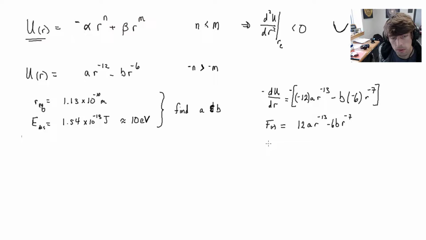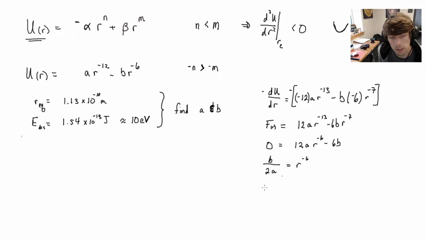Setting my force equal to 0, you get 12A r to the negative 6th minus 6B, and by nice magic, we have B divided by 2A equal to r to the negative 6th.